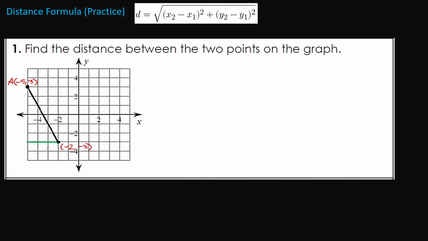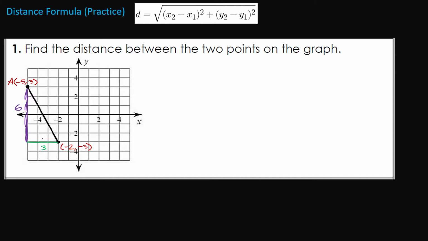You can see that horizontal distance is 3. And the vertical distance, the change in y, is this purple line. It's this purple line here. And so this is 1, 2, 3, 4, 5, 6 units.